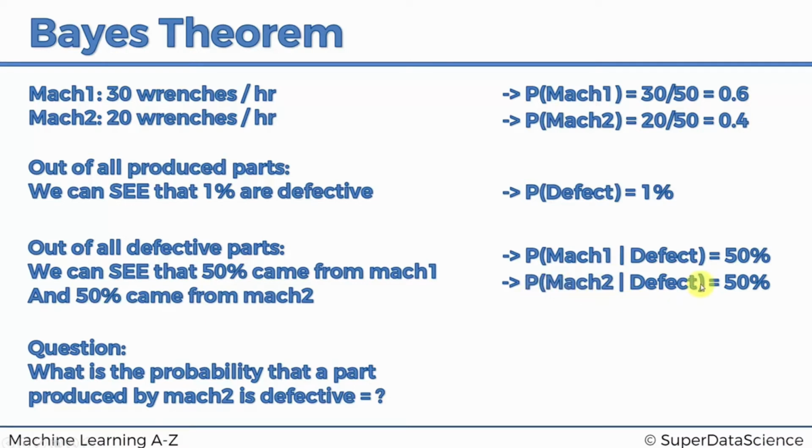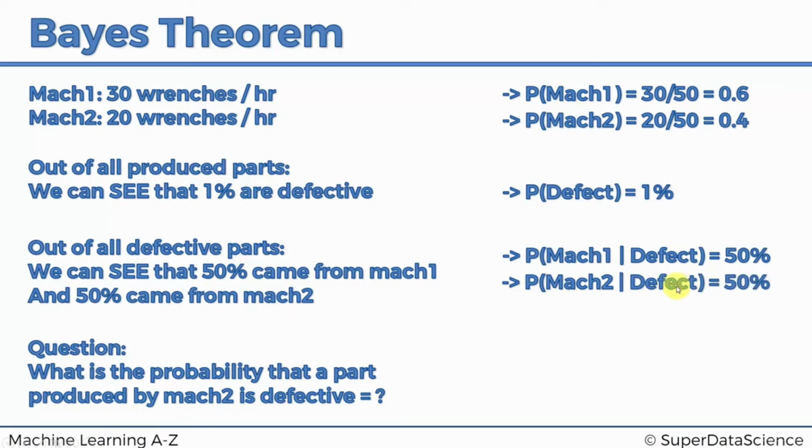But if we're picking only from the defective pile, it's 50%. So you can already tell from these four expressions that the likelihood of a part coming from machine 2 is 40%, meaning that it produces fewer wrenches. Whereas the likelihood of a defective part coming from machine 2 is 50%.